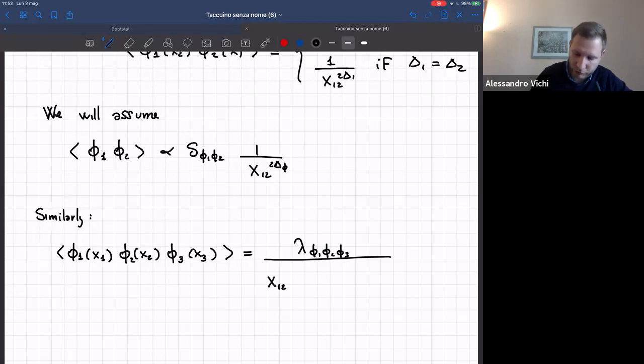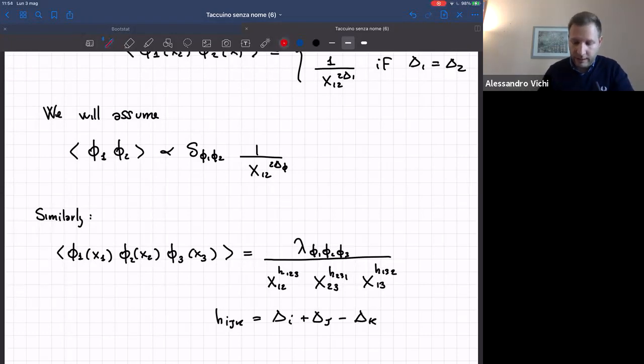It's x12 to some power, which is called h123, and I will write in a second what it is. x23, h231, x1, which one is missing? x13, h132, where h_ijk is simply a linear combination of the dimensions, delta_i plus delta_j minus delta_k.